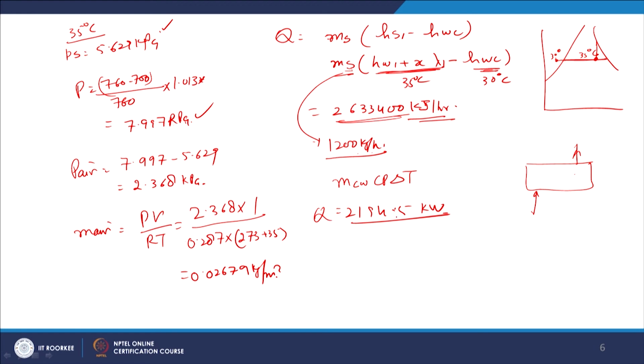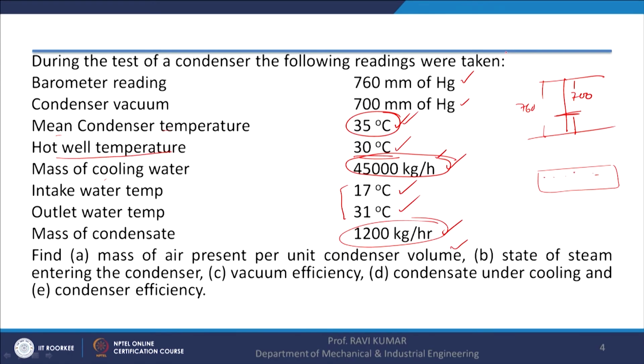Now this heat removal is enthalpy at this minus enthalpy at this. From this energy balance, after getting the mass of the air, we will find how much heat has been extracted in the condenser, right. So this is the condenser. After expansion, let us say this is state 1 and the water is getting subcooled to state 2, because at state 1 the temperature is 35 degree centigrade, and hot well temperature is 30 degree centigrade, right.